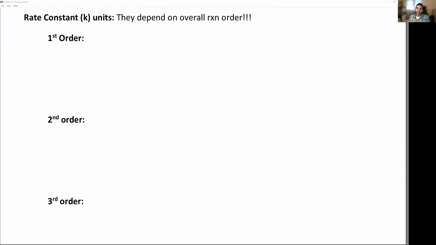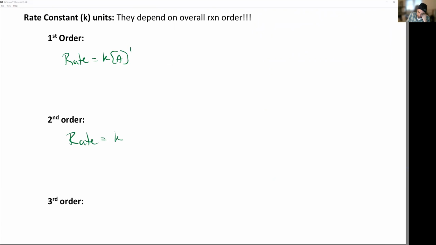So let's talk about rate constant units, k. Again, you don't need to memorize this, and in fact it's going to kind of fall out. We're going to do this in a bit of a different way. Let's write out any first order, second order, and third order reaction. So rate is equal to k times the concentration of A raised to the first. We'll do the same thing for these two.